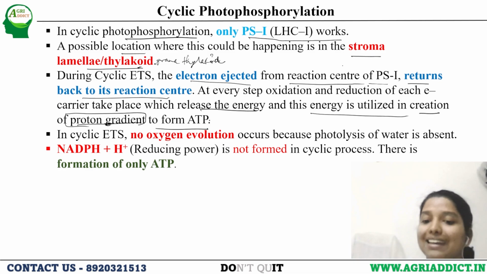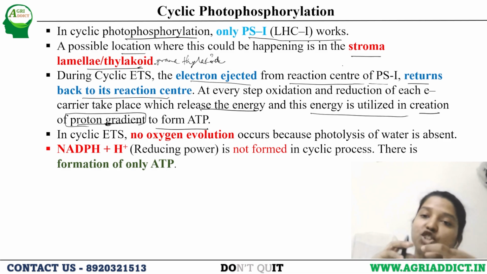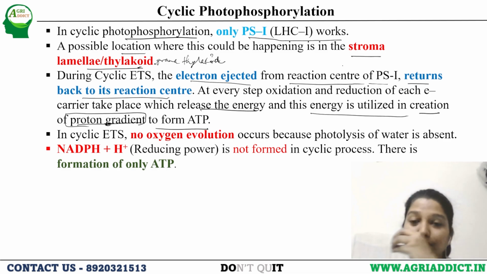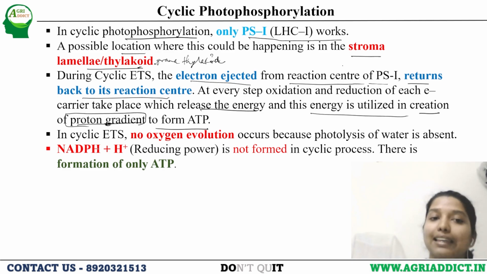This ATP synthase will take H plus out. While taking out the H plus, the machinery will rotate. It will release the H plus. Then the ADP plus inorganic phosphate from the stroma will combine and form adenosine triphosphate, the energy currency of the cell.